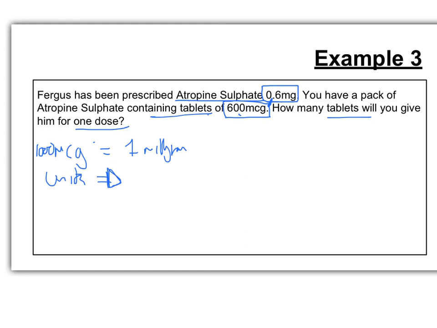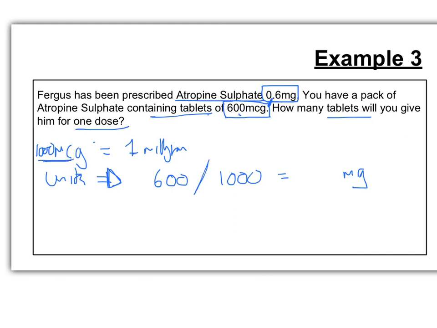To convert this into milligrams, I know the tablet has 600 micrograms, and dividing by 1,000 will give me milligrams, because 1,000 micrograms equals 1 milligram.